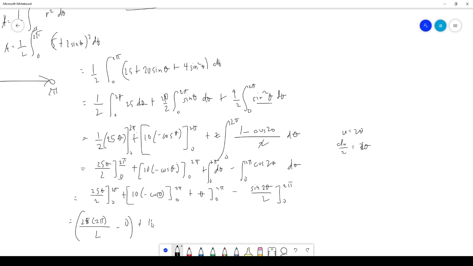Plus 10 times negative cos 2 pi, minus 10 times negative cos 0, plus the third term, which is theta, so that's 2 pi minus 0, minus the last term, sine 4 pi. Sine 4 pi would be 0, and sine 0 is 0. So that's 0 minus 0.